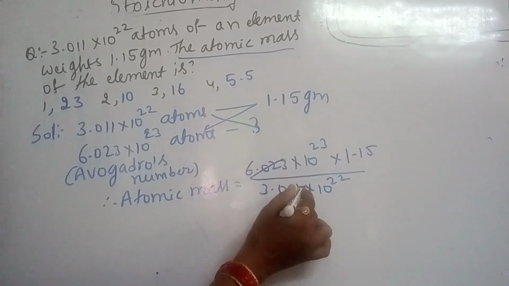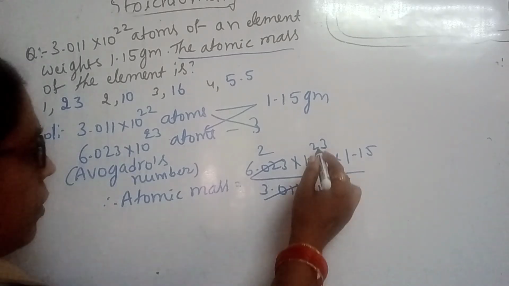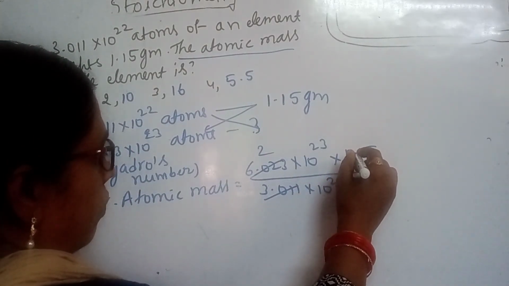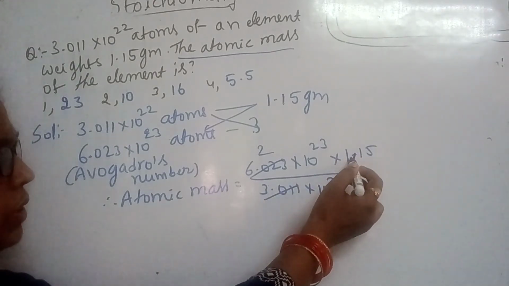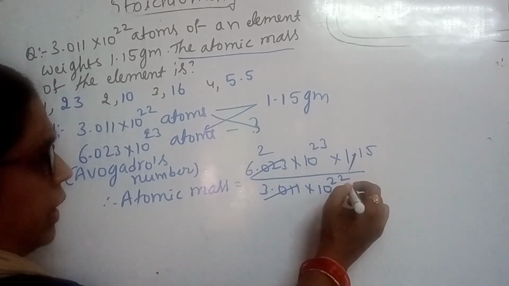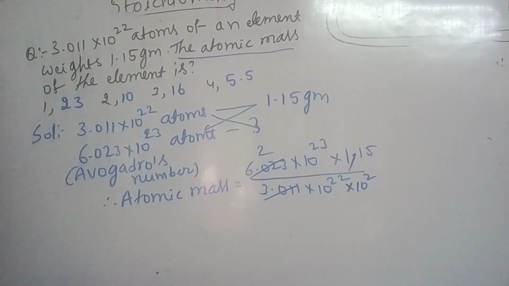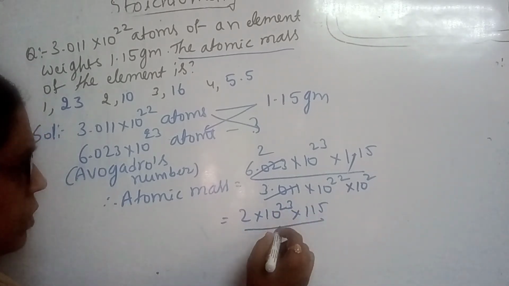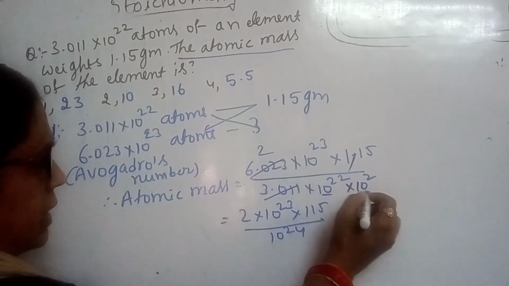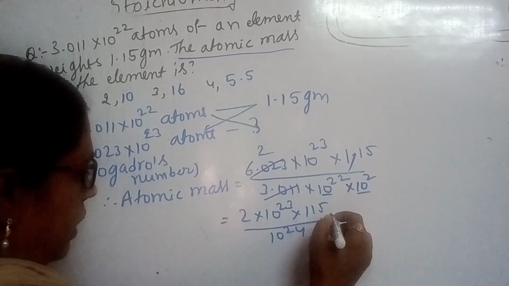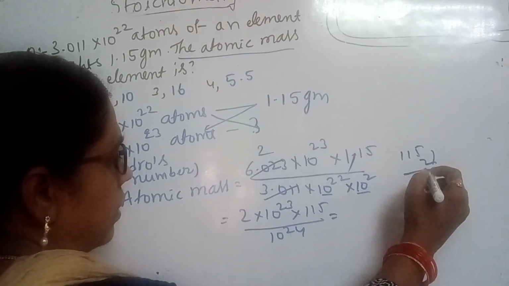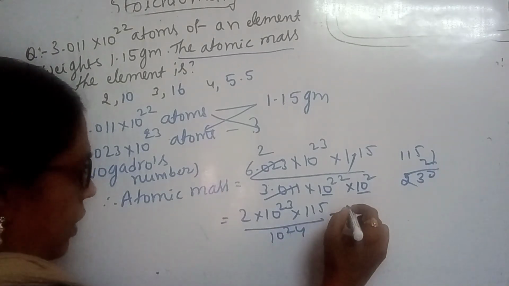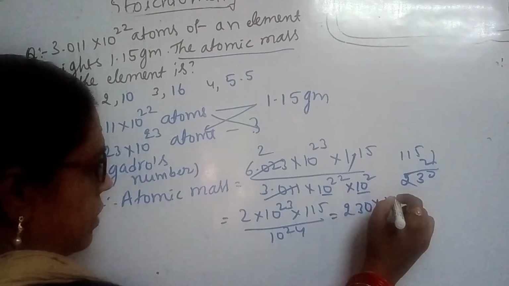So 6.023 by 3.011 is nearly 2. Here we have 10 to the power of 23 and 10 to the power of 22, which moves to the numerator as 10 to the power of 22 plus 2, that is 10 to the power of 24. So we get 2 into 10 to the power of 23 into 115 by 10 to the power of 24. 2 times 115 is 230, into 10 to the power of 23 minus 24, which is minus 1.